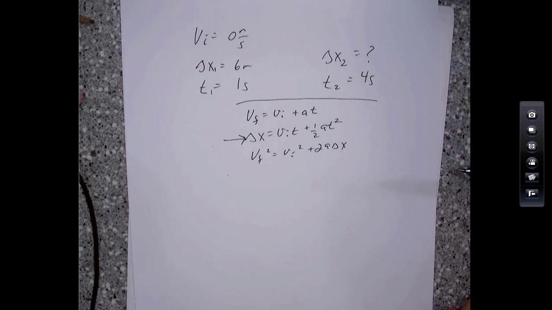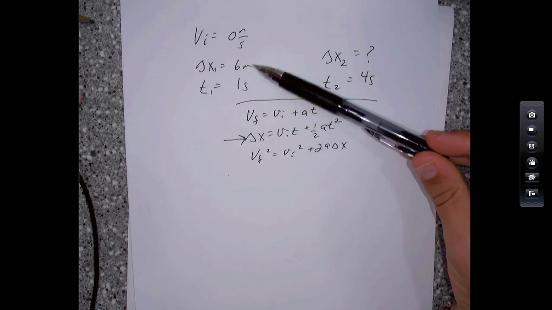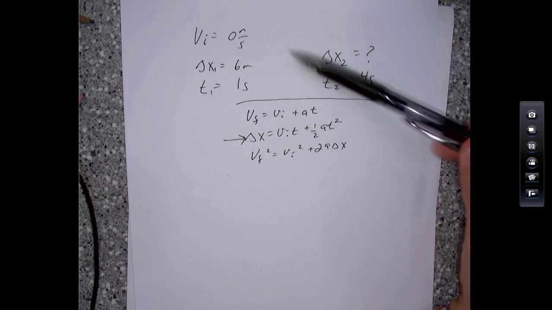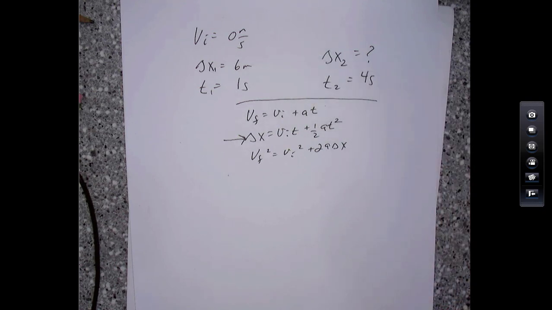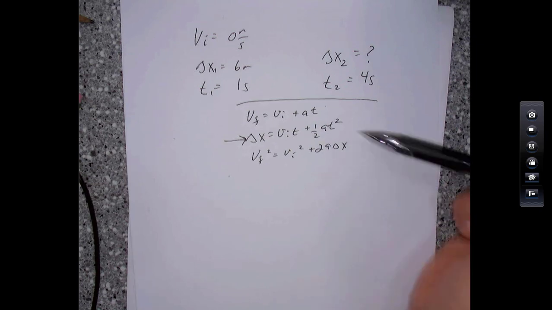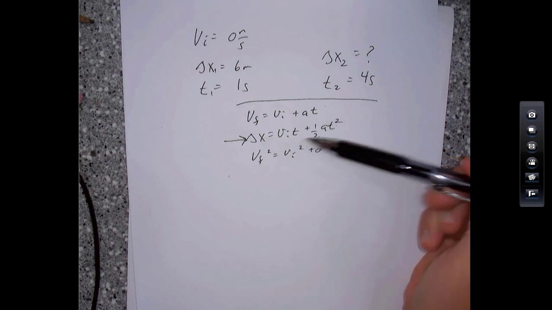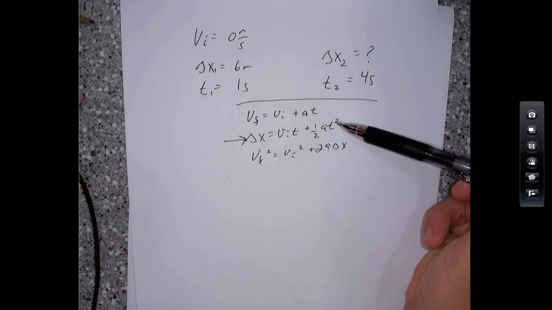So the velocity keeps changing. You can't just multiply, this is 4 times longer in time, by 4, because it's not a linear relationship. Remember, it's 1/2 a t squared. So this displacement depends on the time squared.